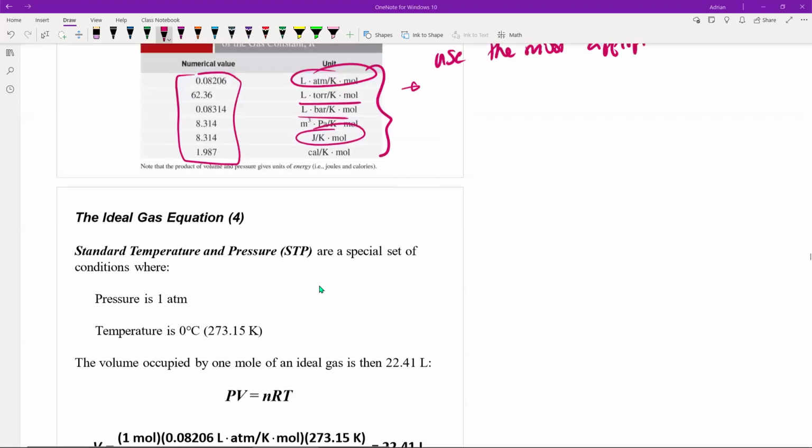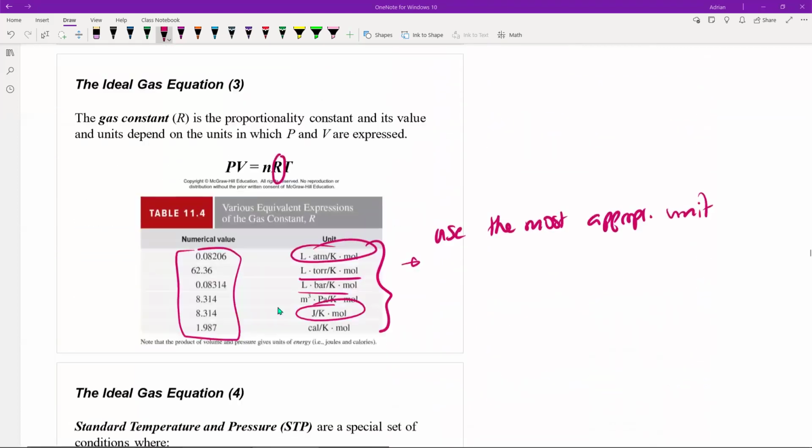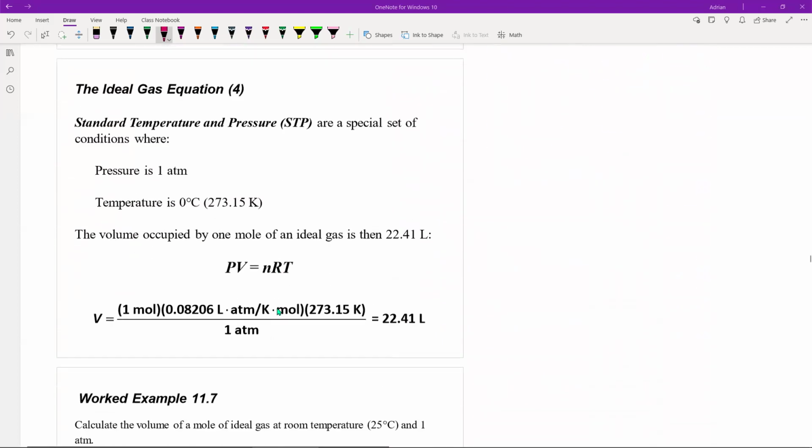So what we can do with the ideal gas equation is we can actually calculate the volume of 1 mole of a gas under a certain set of conditions. And we're going to refer to these conditions as standard temperature and pressure.